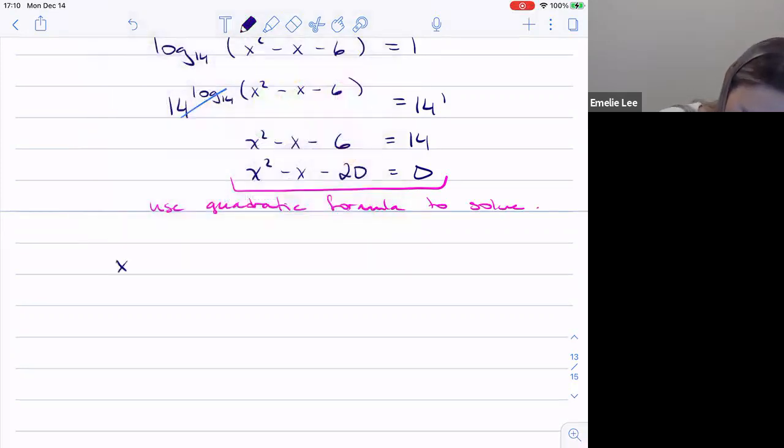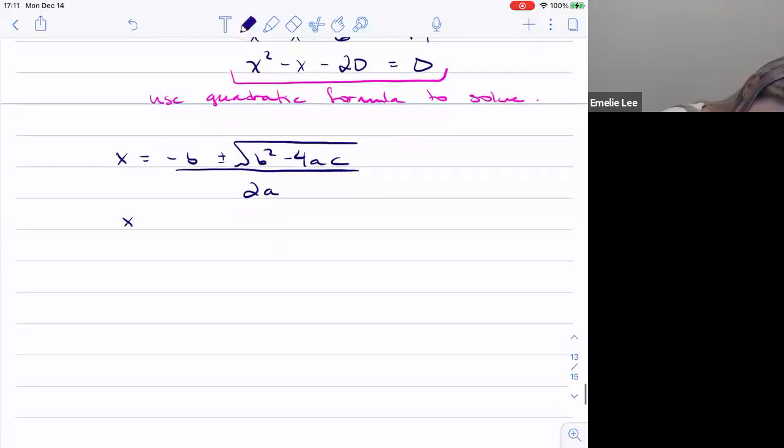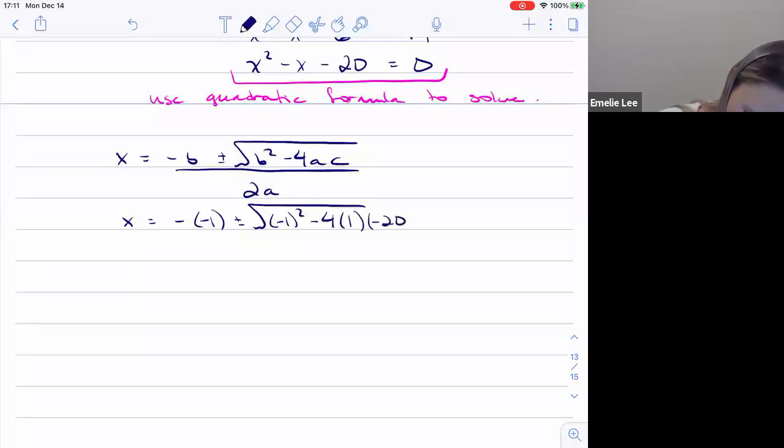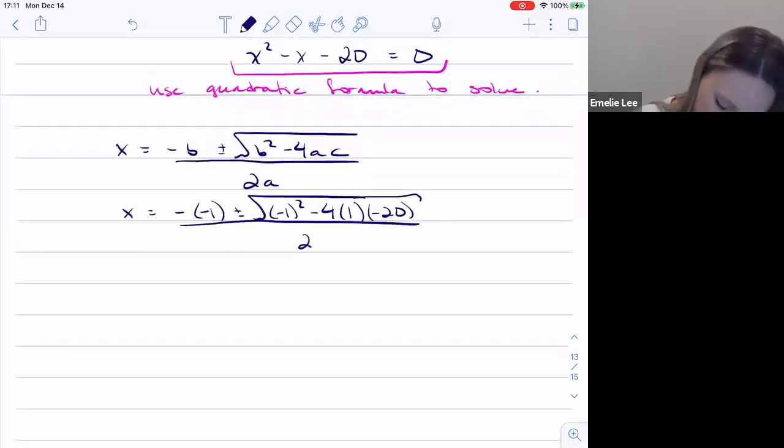So I have x is negative b plus minus the square root of b squared minus 4ac over 2a. X is negative 1 plus minus the square root of negative 1 squared minus 4 times 1 times negative 20 over 2 times 1, which is 2.